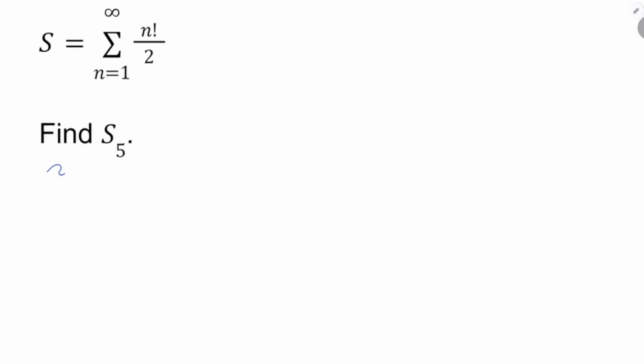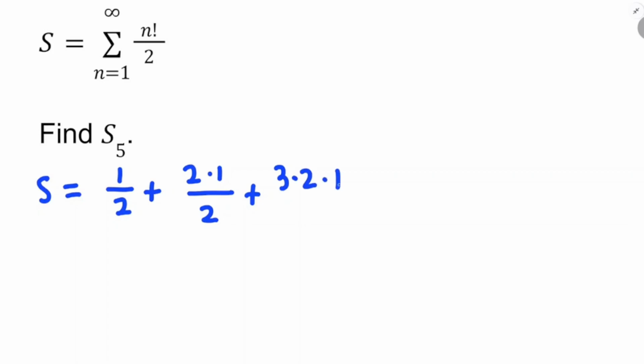So let's say S equals, start with 1 factorial is 1 over 2, plus 2 factorial is 2 times 1 over 2, 3 factorial is 3 times 2 times 1, 4 factorial is 4 times 3 times 2 times 1.